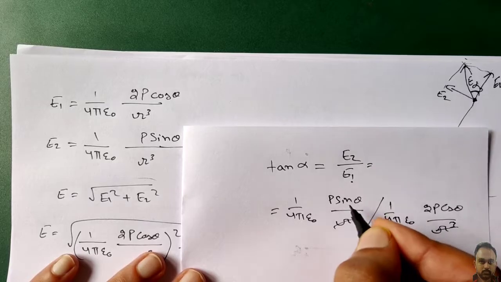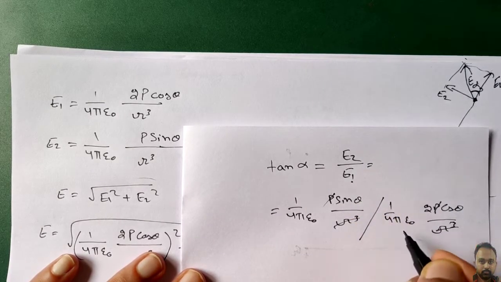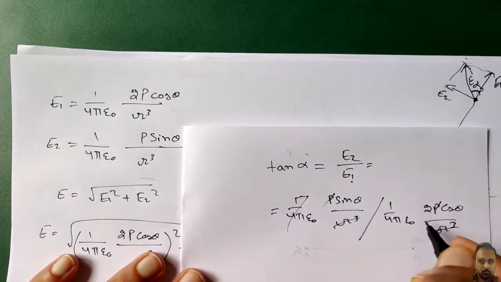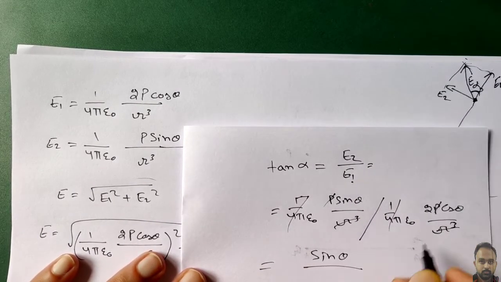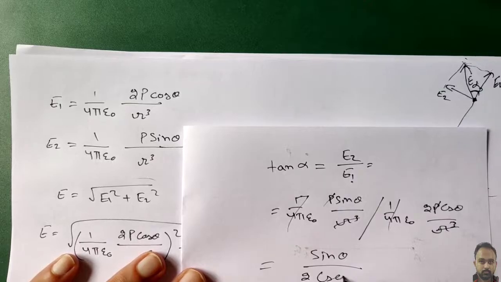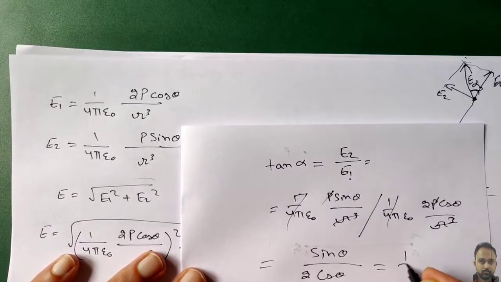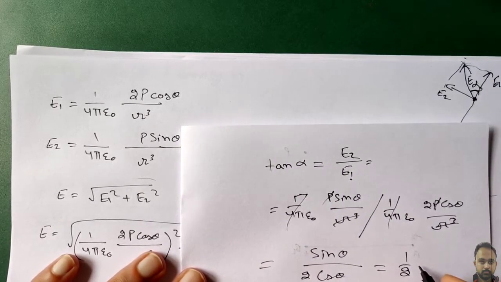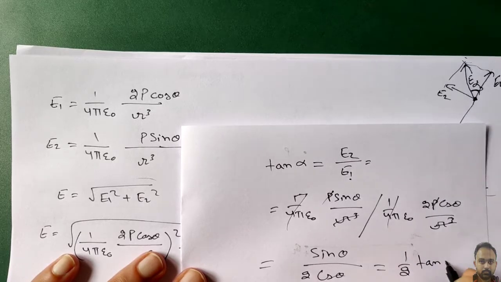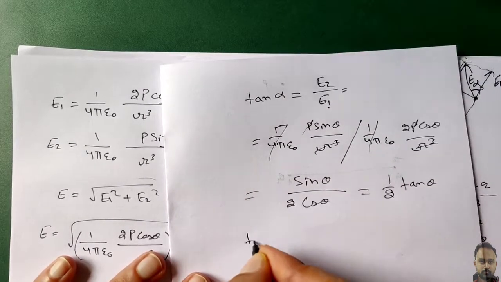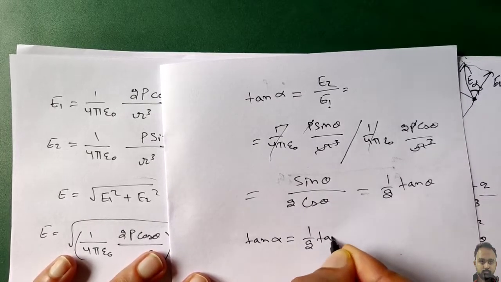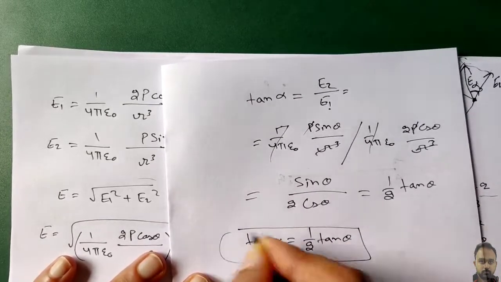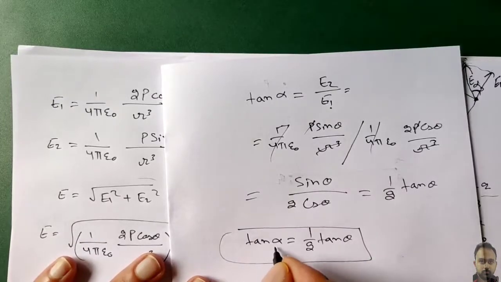So cancelling the terms, what we are going to have is, here we have left only sine theta and here we have left only 2 cos theta. So sine over cos is tan, so we have left with 1 over 2 tan theta. So this is how we can find out this tan alpha. So tan alpha is equal to 1 over 2 tan theta. Knowing the value of this theta, we can find out this alpha.